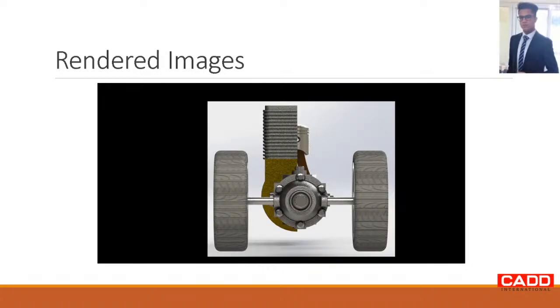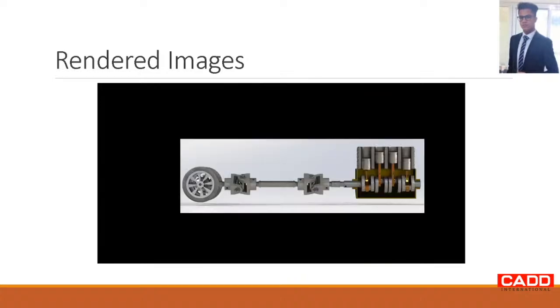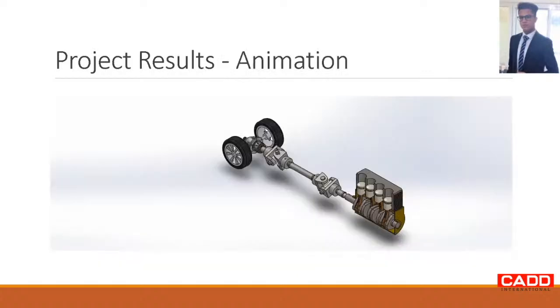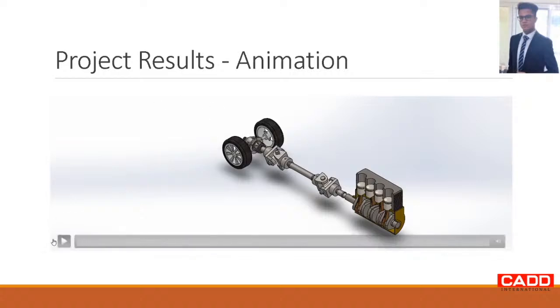Here we have a front view of the project indicating the differential gearbox. And here we have a side view of the project indicating all the components from the side. Here is an animation of the project.